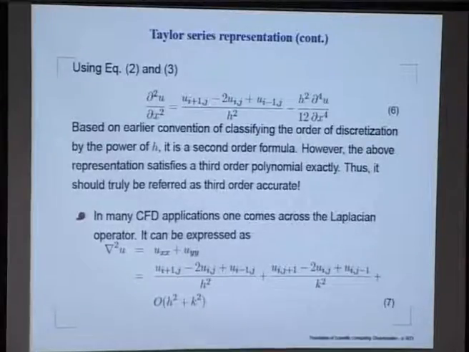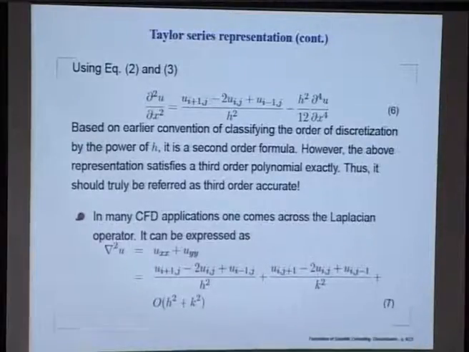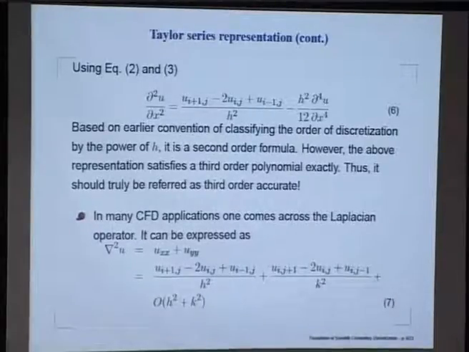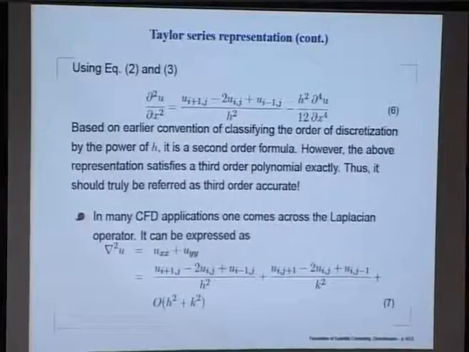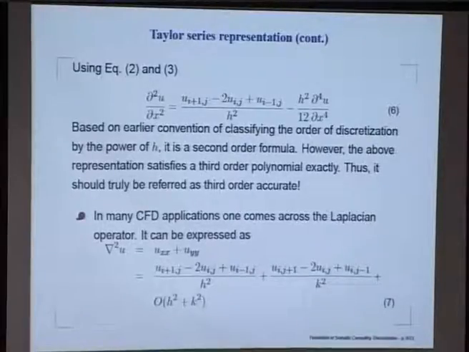So, if I want to call it in a classical way, this is a second order accurate formula, but if I want to refer to it in terms of polynomial, it is basically a third order accurate formula, right. So, that is the point we are trying to make. Now, in many applications, it is not necessarily that you will have to do fluid dynamics. Anywhere you go, you would be coming across this Laplacian operator very often, and in the way that we have developed here, we would be writing this, and we have already discussed it.